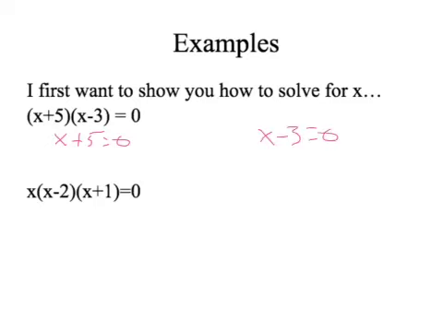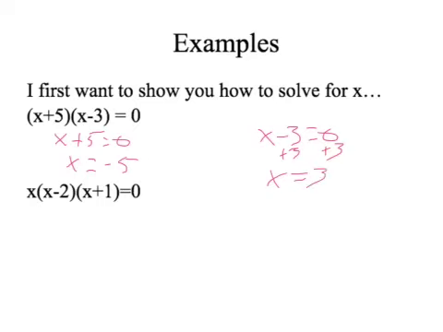So we're trying to find numbers that we would plug into these binomials to make it so that when I multiply them I would get 0. So I want the opposite of the number that is in the binomial now. So to solve for x, I want to subtract 5 from both sides and do 0 minus 5, which would give me negative 5. And then on the second binomial, I'd want to add 3 to both sides, and that would give me x equals 3.